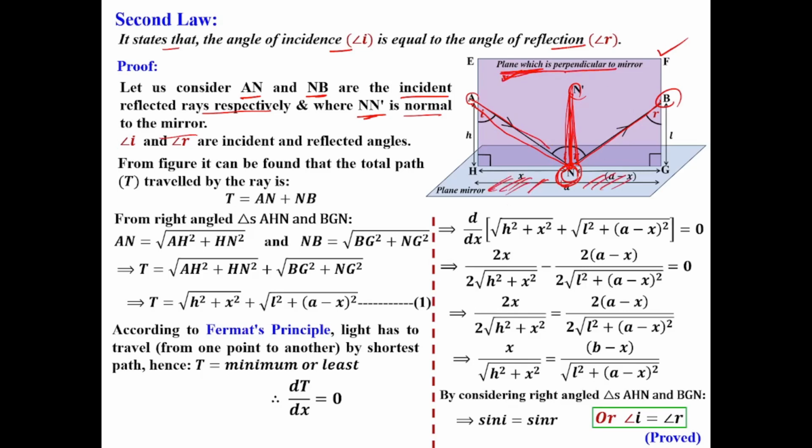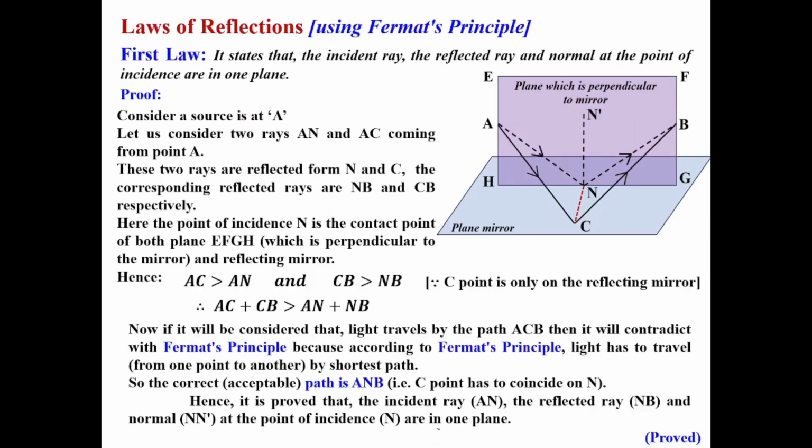Indirectly I told the first law of reflection: the incident ray, reflected ray, and normal at the point of incidence have to be in one plane, whatever we have discussed in our first law.